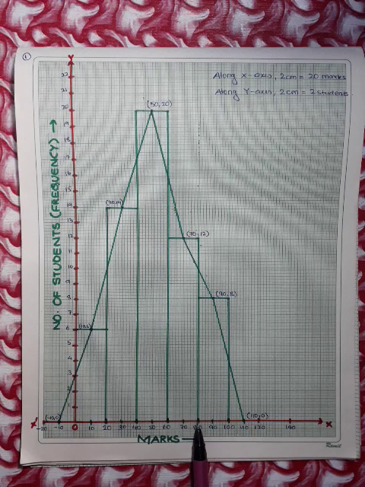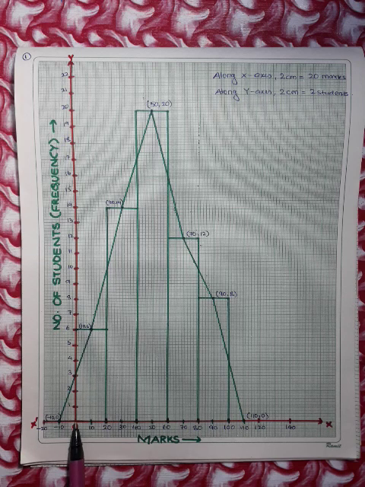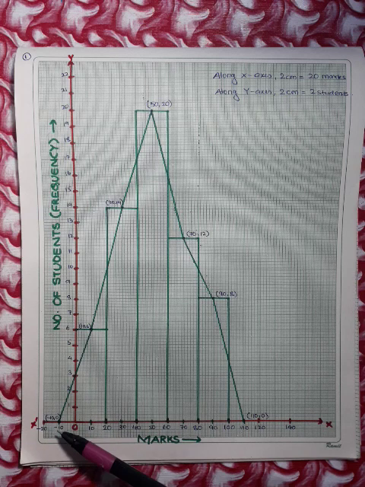Since 80 to 100 is there, we take 100 to 120, and the middle value of that is 110. Similarly, since it is starting from 0, we can draw 0 to minus 20, and the middle value of 0 to minus 20 is minus 10. As we have already done, we must draw the graph from the x-axis only.